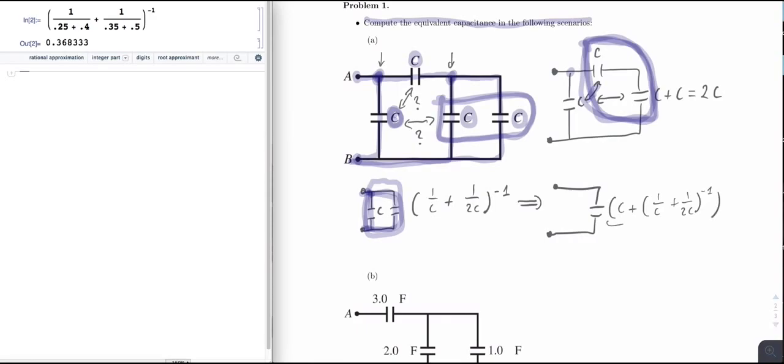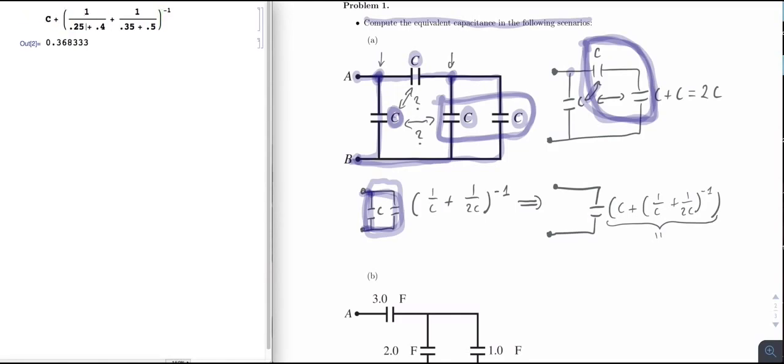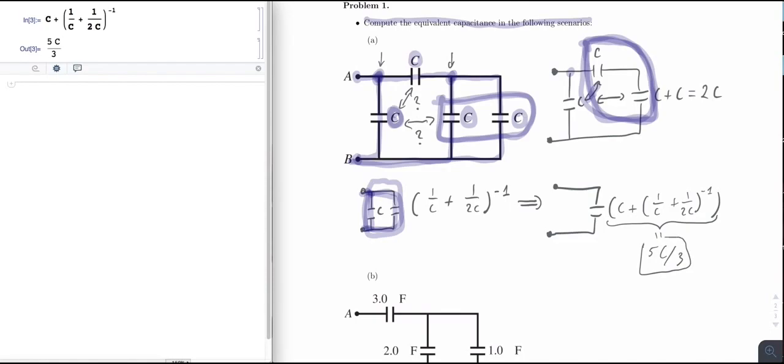And this will equal, I'm sure we could do this in our minds, it'll be C plus 1 over C and 1 over 2C. So 5C over 3. So that's your answer.